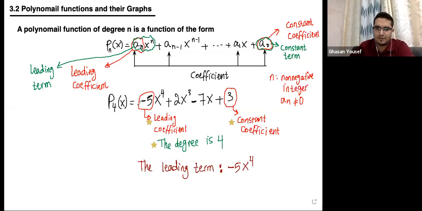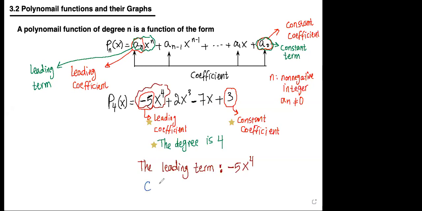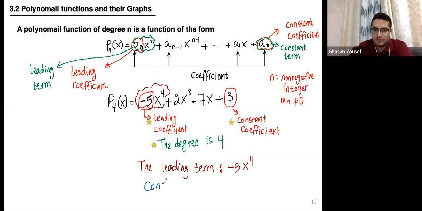What is the constant term? 3. Exactly, only 3. The constant term is 3. This is what you should know.